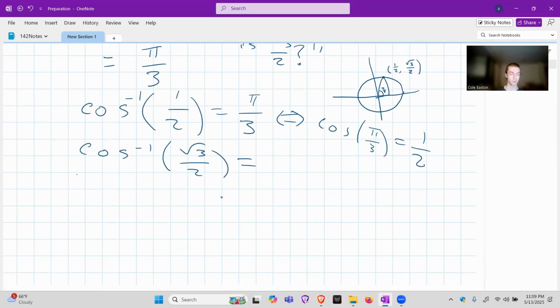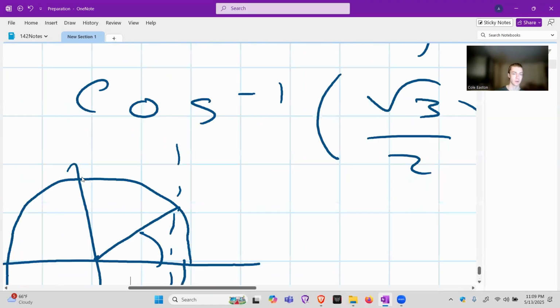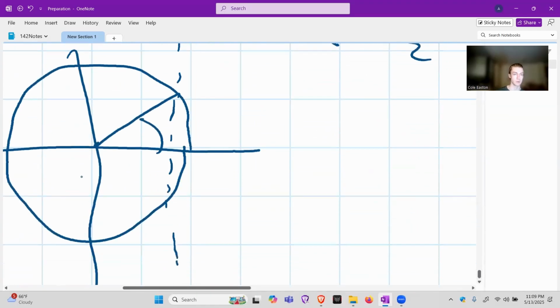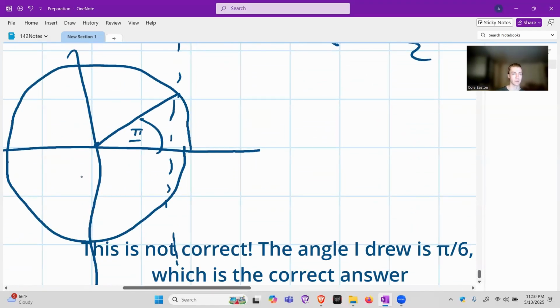And so we'll draw another unit circle, and we want the x value to be root 3 over 2, so it's somewhere here. And this angle right here gives us root 3 over 2. It's going to be pi over 3.